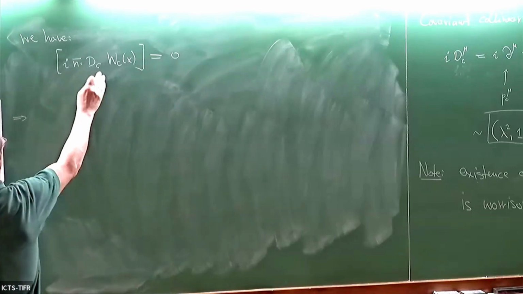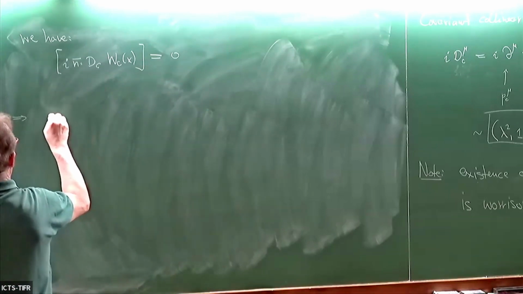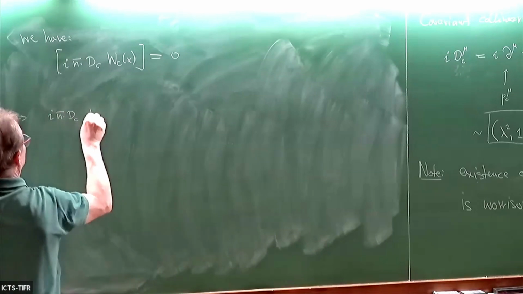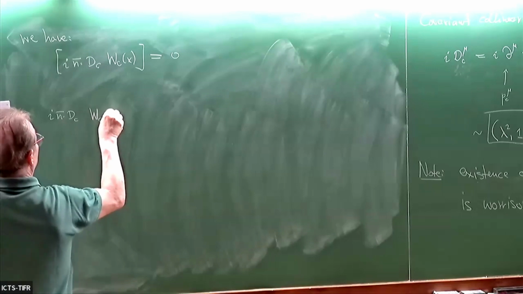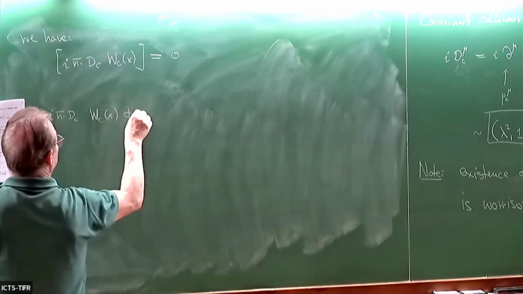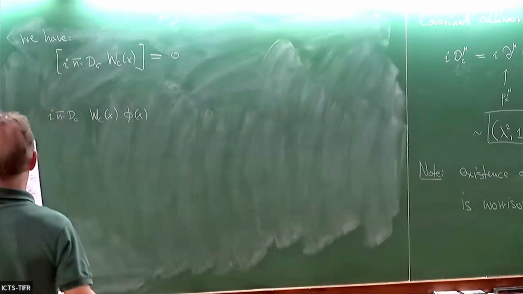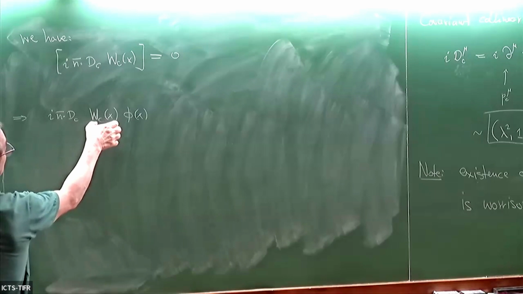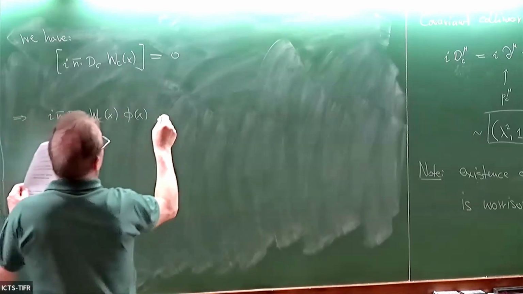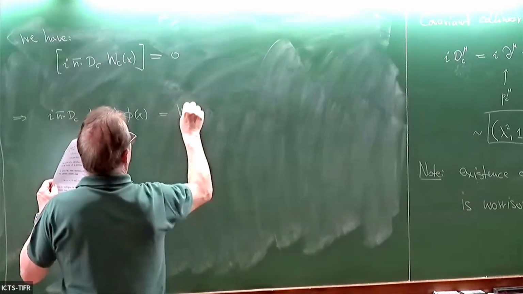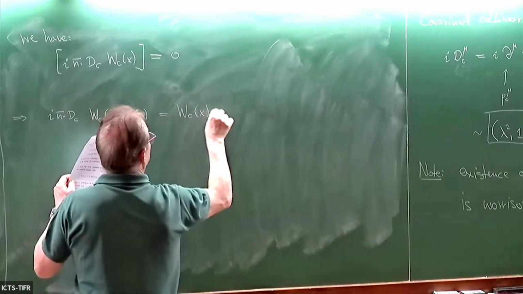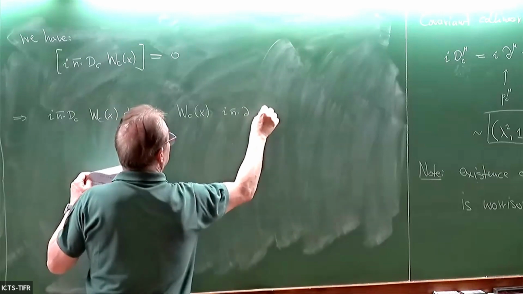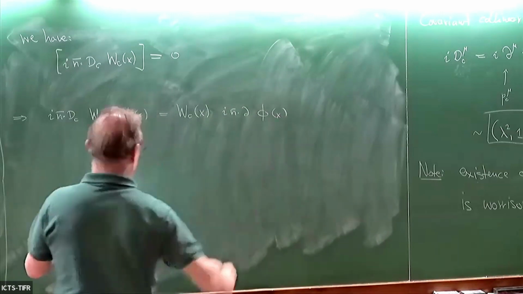When I write this, I really mean it in the sense of a differential operator. If I have n bar dot D collinear acting on the Wilson line times some other field, let's say phi of x, now the covariant derivative acting on W is 0, but what remains is the ordinary derivative part acting on the field phi, okay?